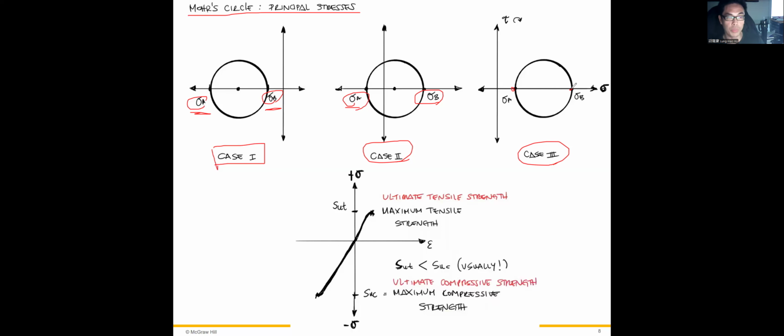And remember one thing for brittle materials: the ultimate tensile stress equals the maximum tensile stress, and the ultimate compressive stress equals the maximum compressive stress, as S_UT and S_UC. And usually the compressive strength is much higher than the tensile strength.